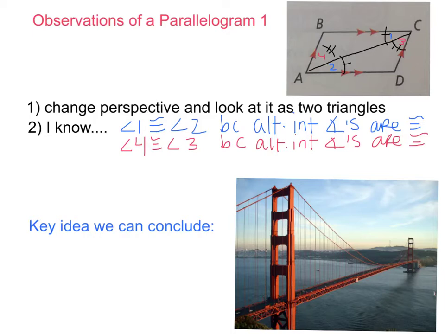Now, my last thing I'm looking at here, because remember we're looking at this from the perspective of triangles, I know how to show triangles are congruent, and I'll let you in on a hint. I think this triangle is congruent to this triangle. So far I've shown that this triangle up here and this triangle down here have two angles that are congruent to each other.